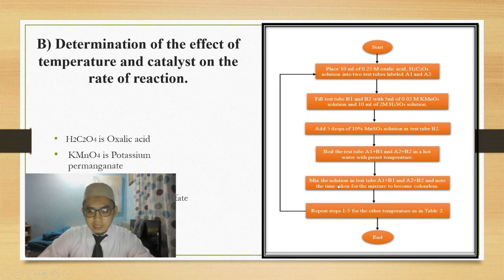Mix the solutions in test tubes A1 and B1, and test tubes A2 and B2, and note the time taken for the mixture to become colorless. Repeat steps 1 to 5 for the other temperatures in table 2.